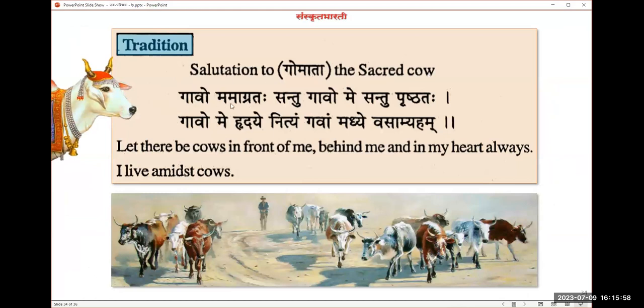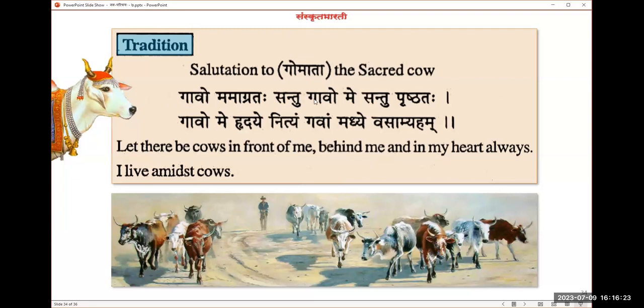Gavo mama agratah santu, gavo me santu prishtatah, gavo me hridaye nityam, gavam madhye vasamyaham. So it is the prayer to the cow, saying, may the cows be there ahead of me. Gavo mama agratah santu.